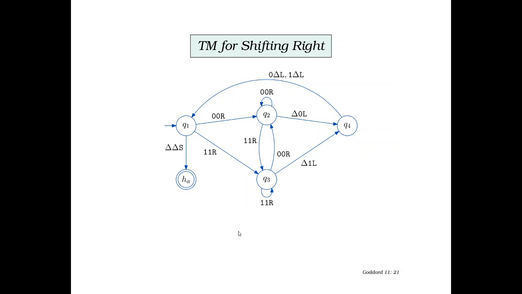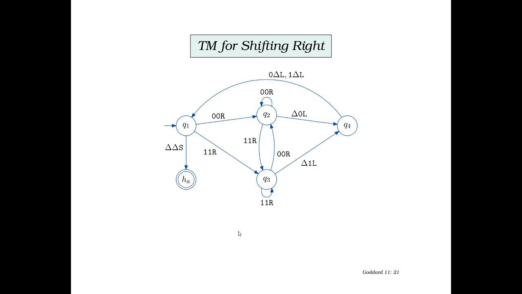So as an example implementation, we have certain states. We have the accept state, which is represented by HA. When we start out, we have three options. Our state is Q1, so we can either move to Q2, Q3, or to the accept halting state, depending upon what we are seeing with the head.